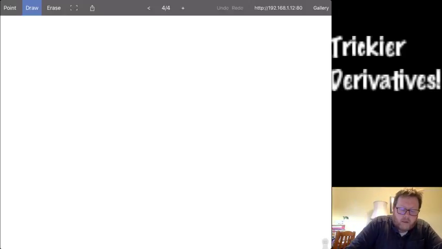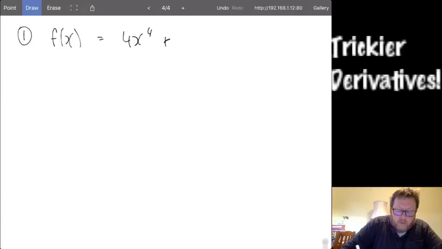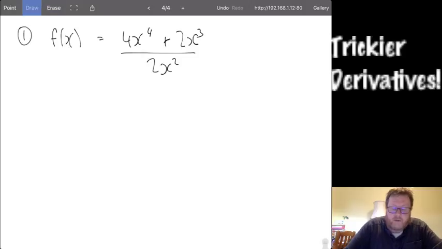So, example 1. F of x equals 4x to the power of 4 plus 2x over 2x squared. Let's make it 2x cubed. Okay, so there's my function there.